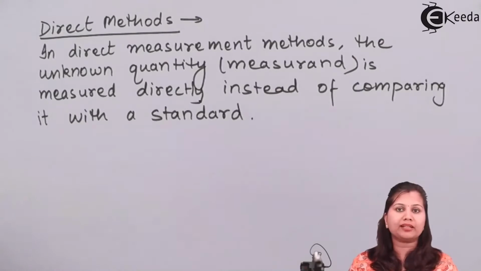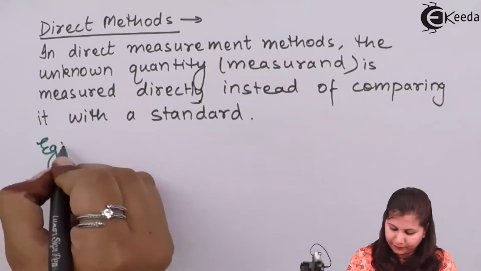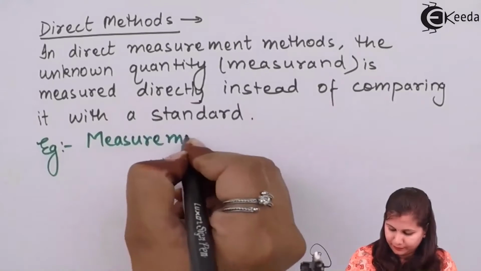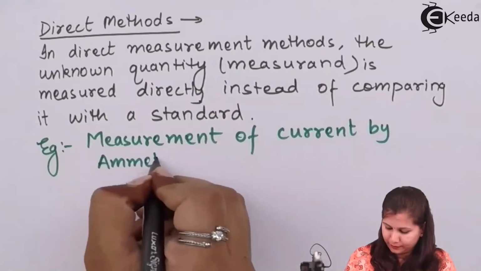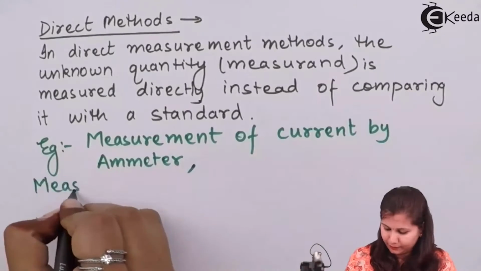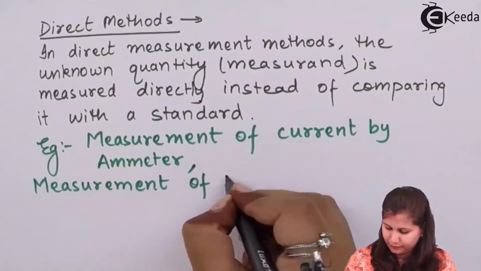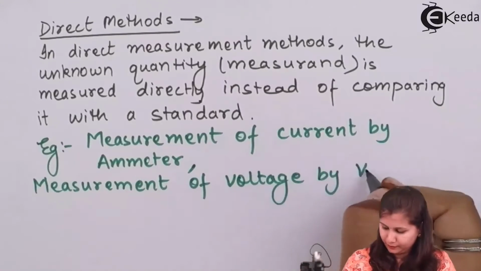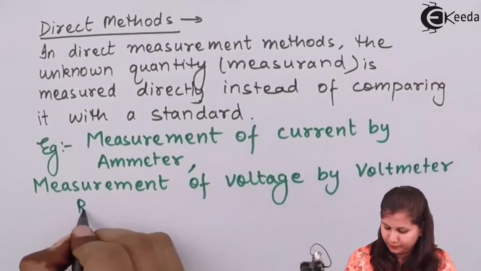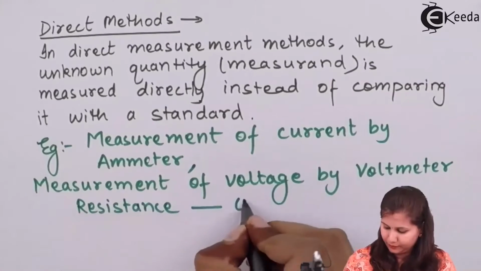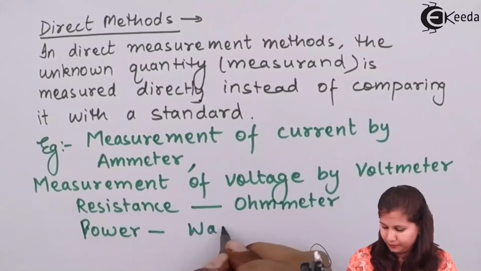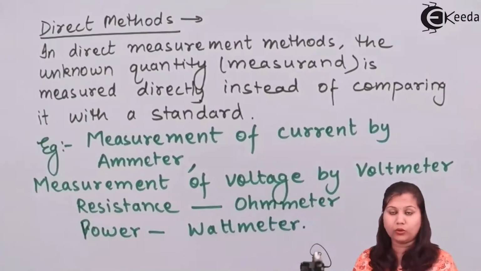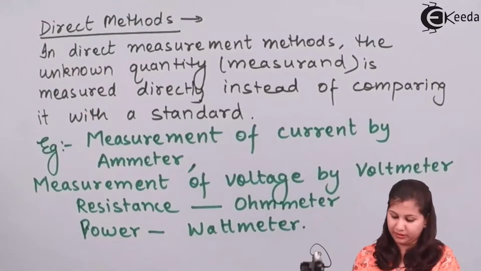These types of methods are called the direct measurement methods.